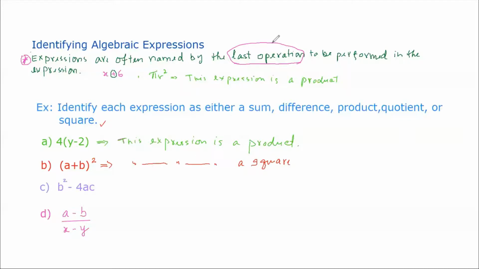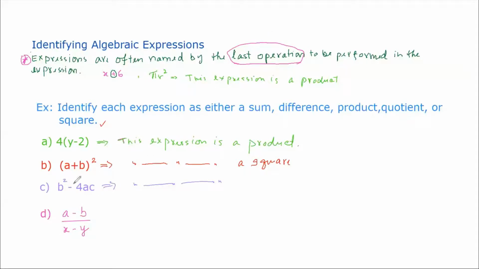Okay, now see the next example. What do we call this expression? You observe b squared minus 4ac. Which one is the last operation? We do b squared first, and then 4 times a times c, and the last one is minus, subtract.